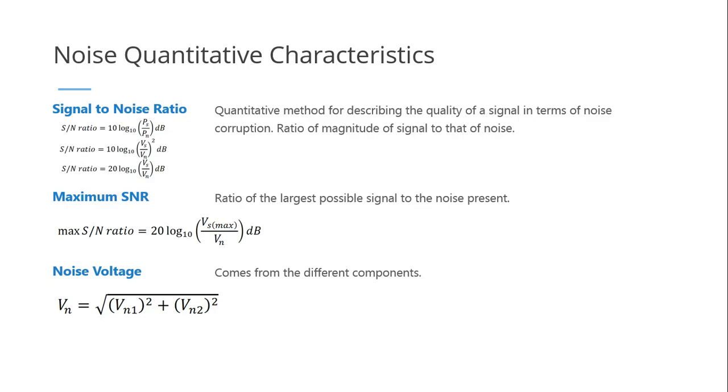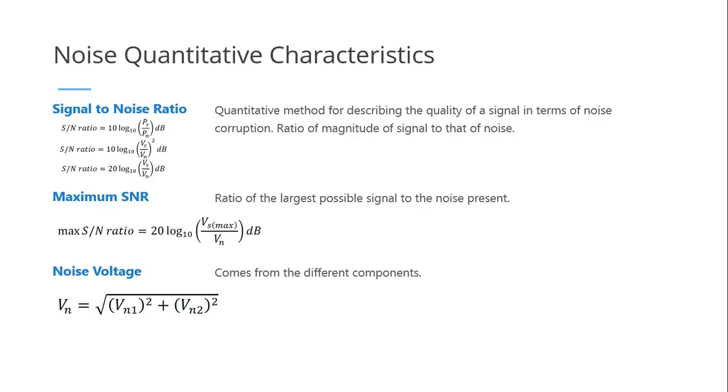This could be used either in unitless form, or we could use the one in decibels. As we discussed with amplifiers, we've already discussed how to convert gain and loss in decibels. So again, if we're using voltage, we use 20. If it's current, it's also 20. If it's power, we use 10 logarithm.